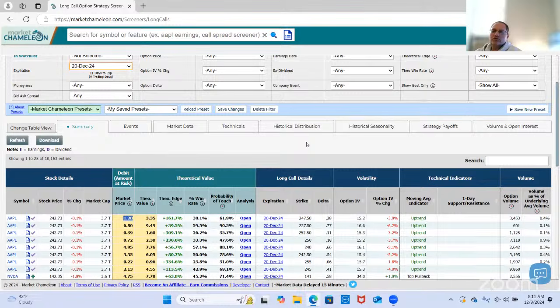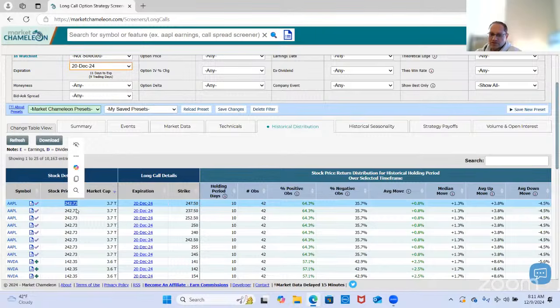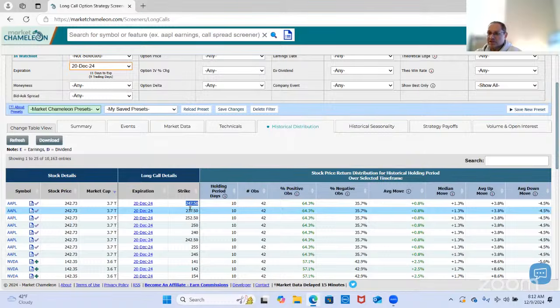So over here, let's go to our historical distribution tab. And when we look at Apple, here's the stock price, $242.73. The strike price is 247.50, so Apple has to, at expiration, be above 247.50 for this option to be in the money, right? It has to move higher.